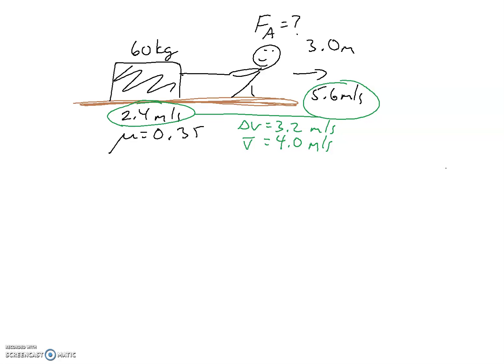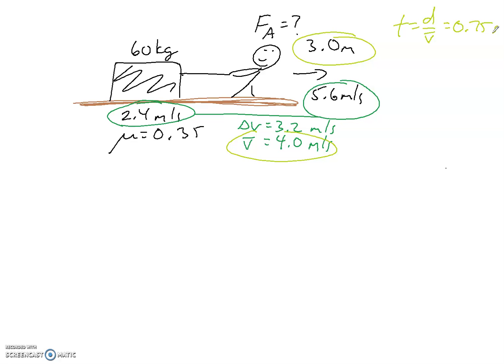Well, now that I have that, I've got distance, I've got my average v, I can find my time. Using basic d = vt, 3 meters divided by 4 meters per second is only 0.75 seconds. So he's going pretty good here.